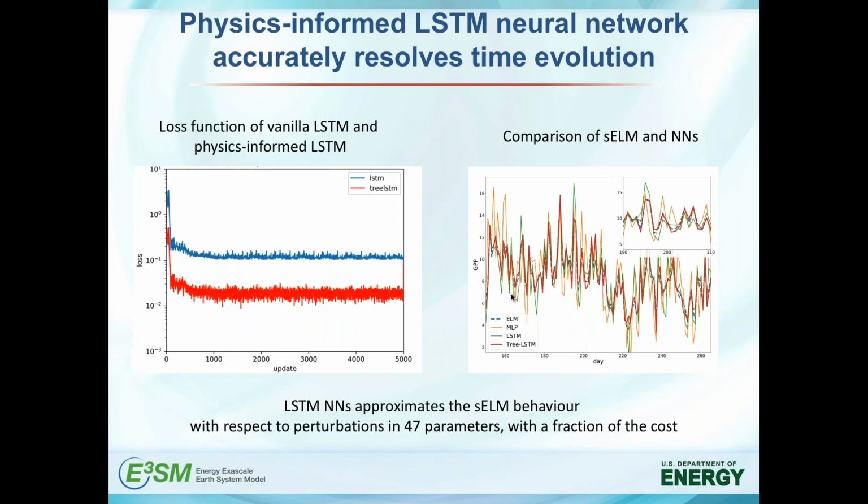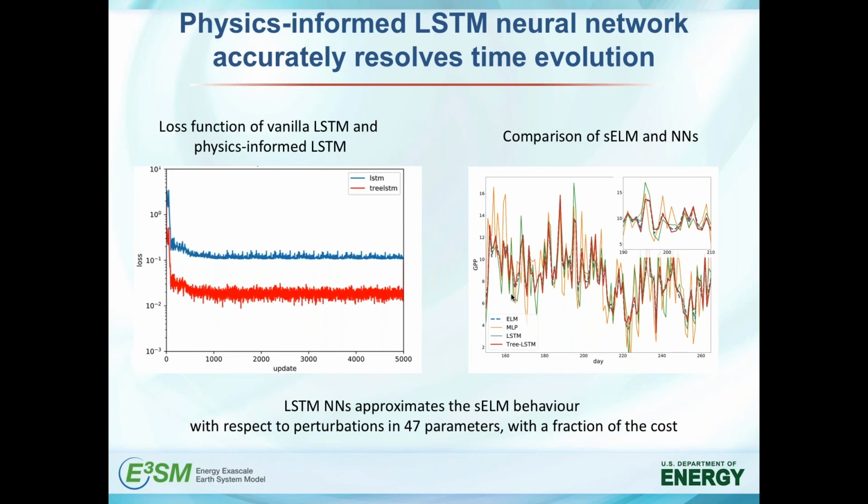So a pretty high dimensional problem in this case. You can see the red line, or the tree LSTM, is much more accurately predicting the original ELM GPP. So I think there's promise that we can build on these methods, combine them when we can, to create even more accurate surrogate models than we already have for these global problems.